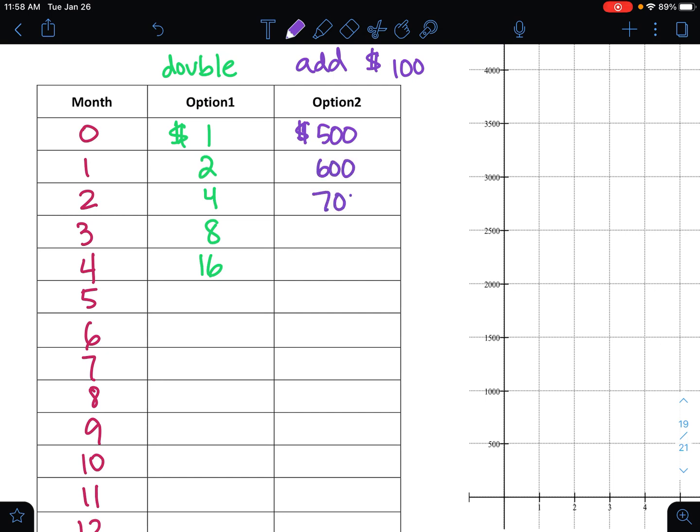So option 2, we're just adding 100. So the next one would be 600, 700, 800, and so forth.